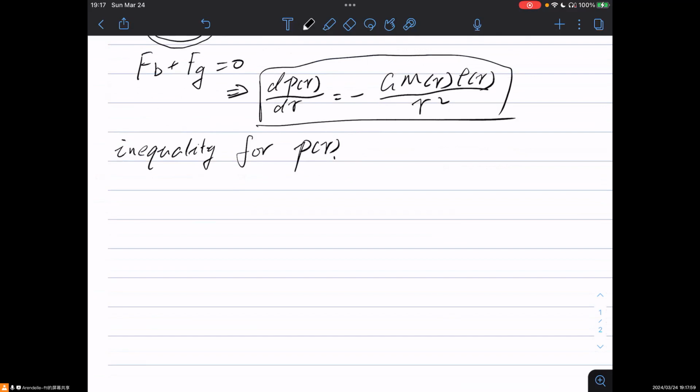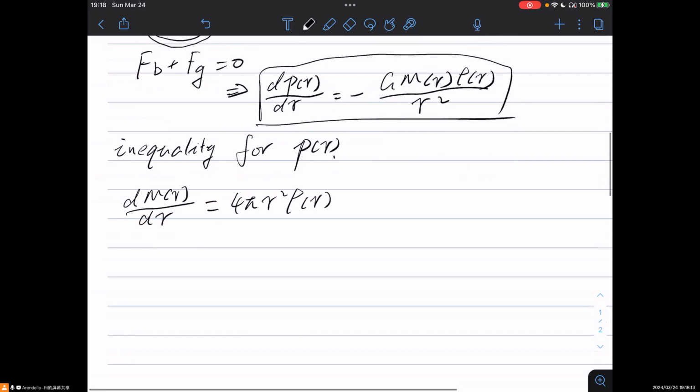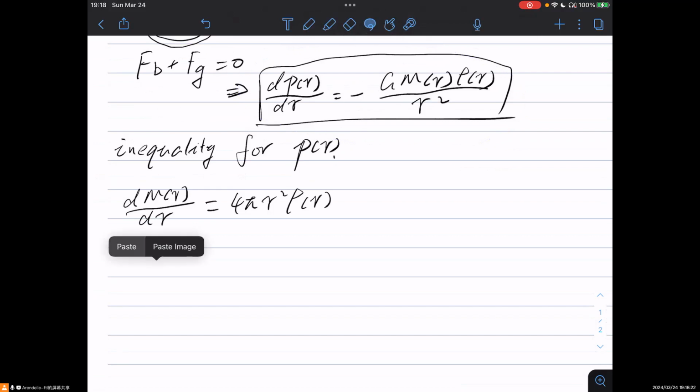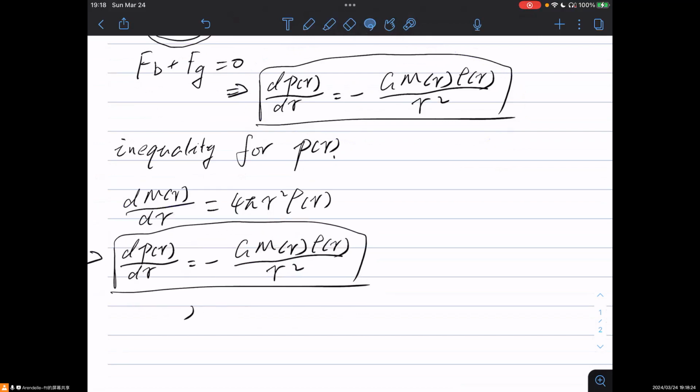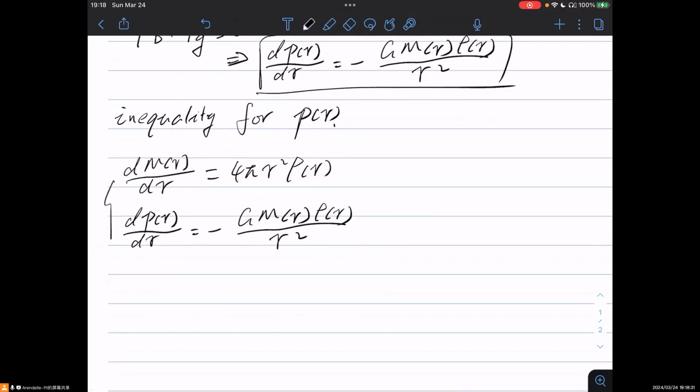We recall the two important equations: dm(r)/dr equals 4 pi r squared rho(r), and the fundamental equation we have just obtained.